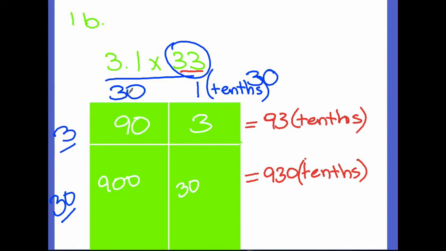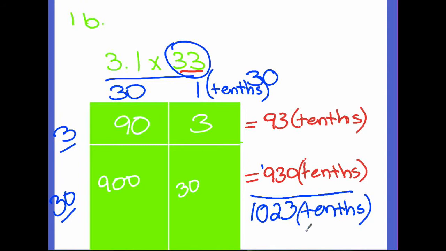So now we add this together. So 93 plus 930. 3 plus 0 is 3, 9 plus 3 is 12. Carry the 1. It's 1,023. But how does that look as a decimal so I don't have to write tenths afterwards?